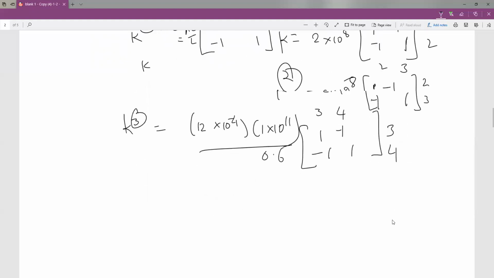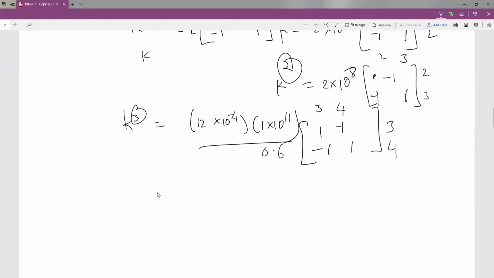Then the total assemblage: you can follow the process which we have learned earlier. It's simple. The K matrix will be obtained with 2 into 10 to the power 8, introducing zeros for the non-relevant quantities in all 4 matrices.